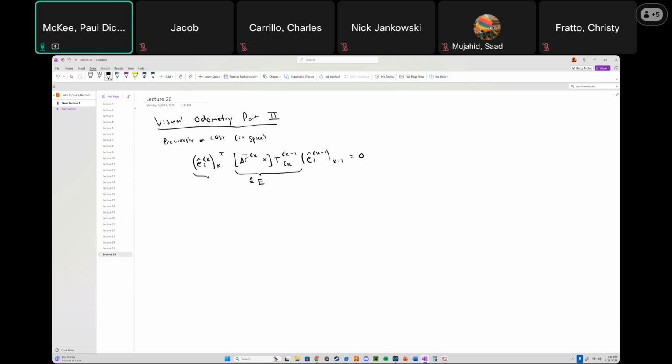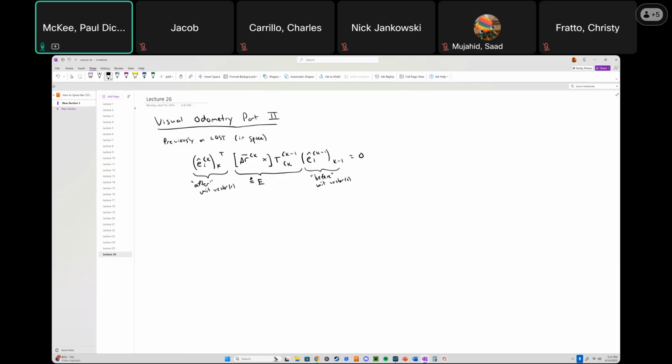where you could think of the bit on the left here as the after unit vectors. And then this bit over here is the before unit vectors. That's the math problem that we're left with.